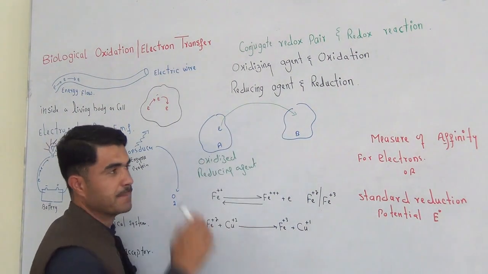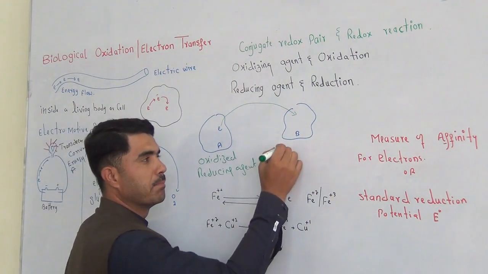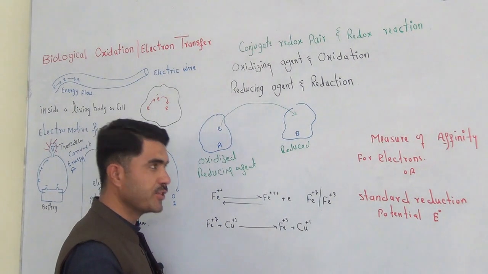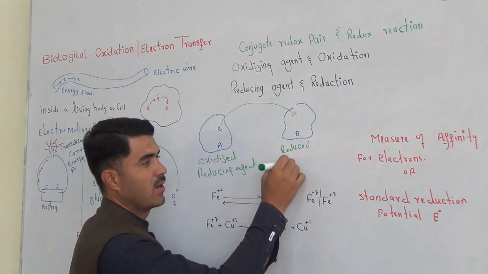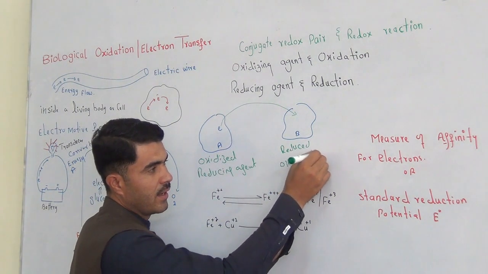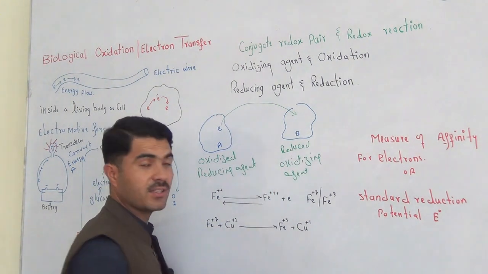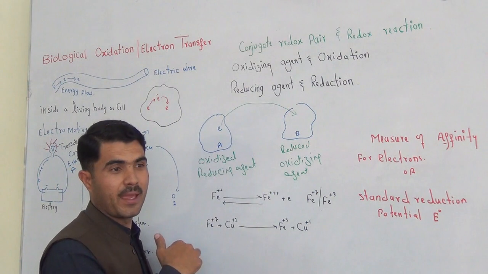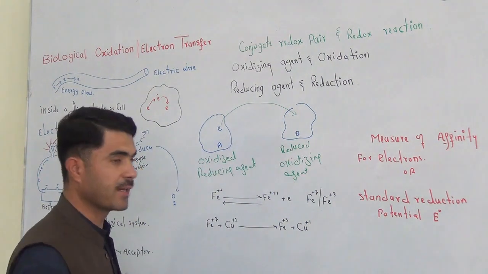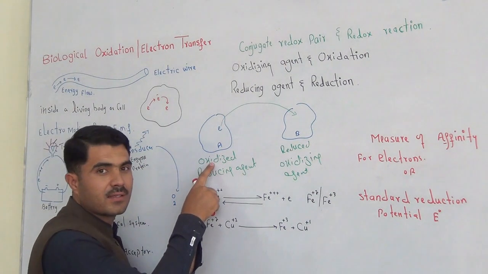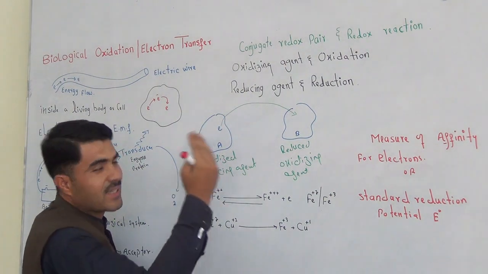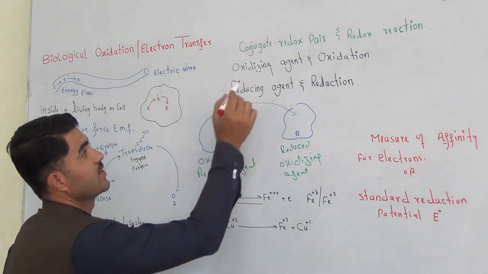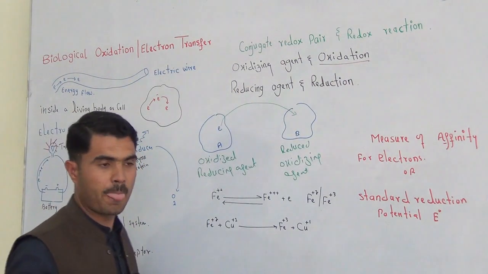And now what about this B? B has gained electrons, so we will say B is reduced, and B can also be called an oxidizing agent, because it oxidizes other compounds and itself is reduced.